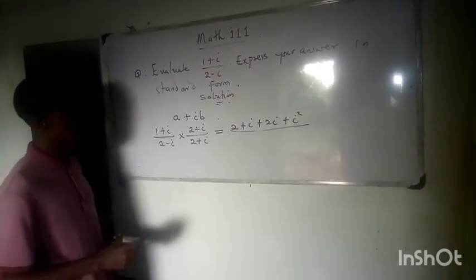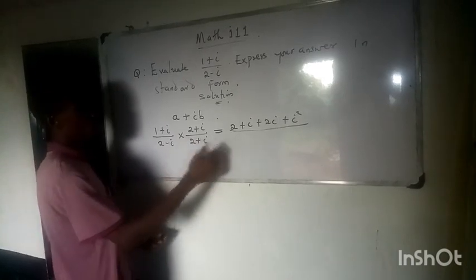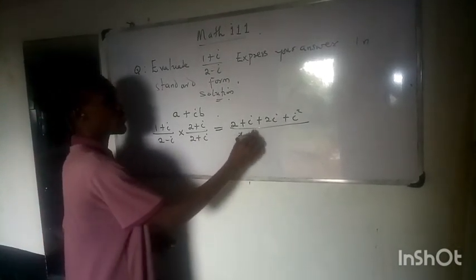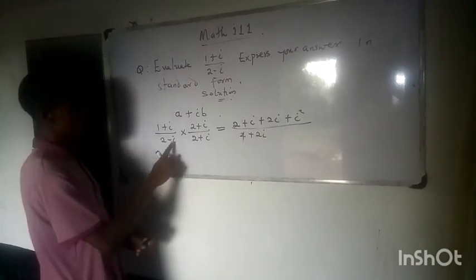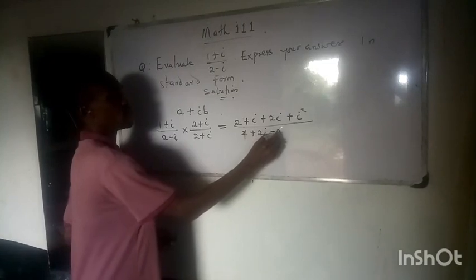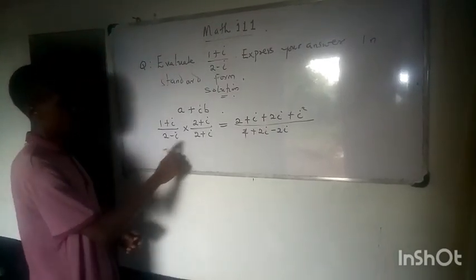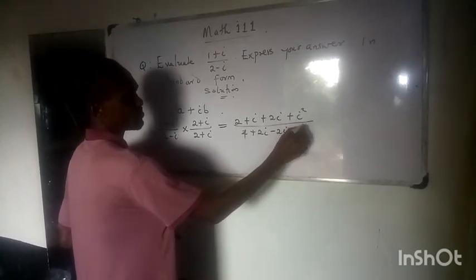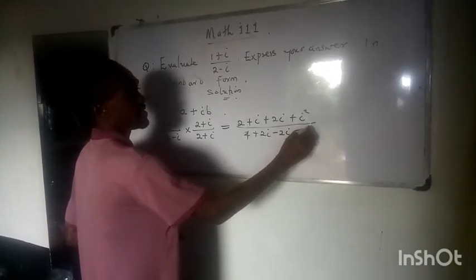Then we go here, we have 2 times 2, that gives us 4. 2 times i gives us 2i. Minus i times 2 gives us minus 2i. Then minus i times i gives us minus i squared.